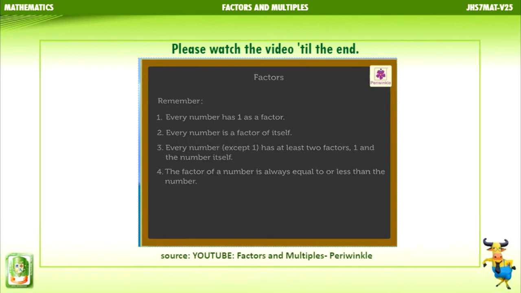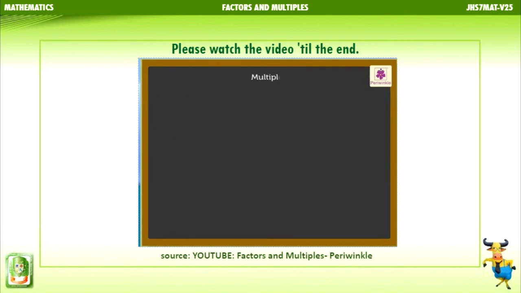Now, let us look at multiples. A multiple of a number is the product obtained when the number is multiplied by the same or any other number. Let us find the multiples of 12. It is easy.